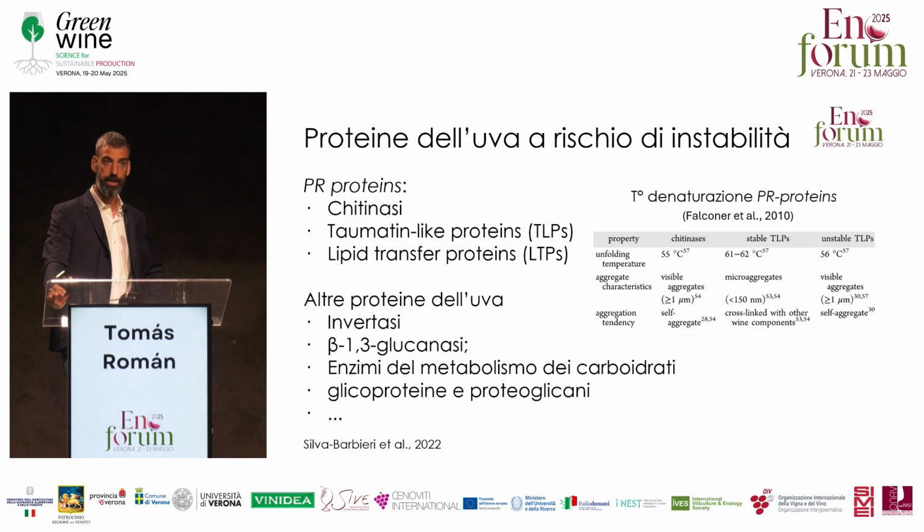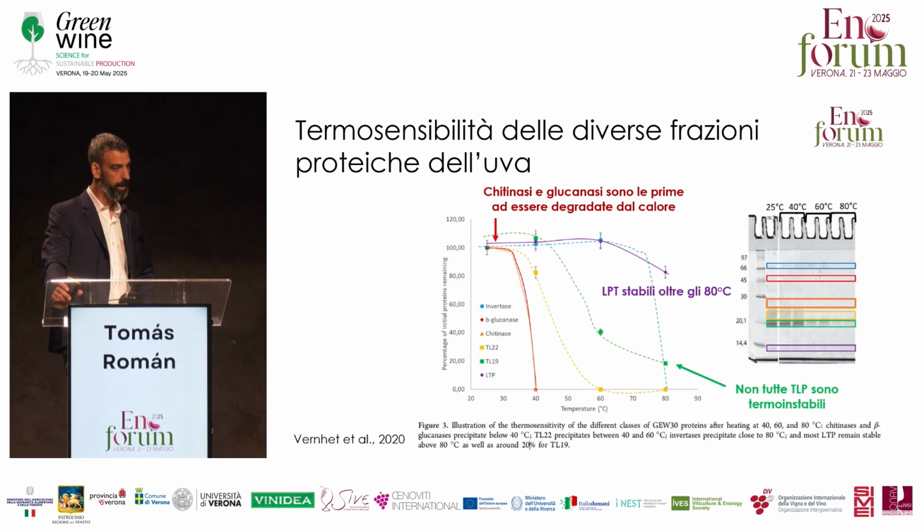This is associated with the denaturation temperature. Chitinases tend to be removed from the medium by alcoholic fermentation as such. TLPs, because of the higher temperature and also the capability that they have to refold, tend to be a bit more resistant to fermentation, to alcoholic fermentation and heat treatment.